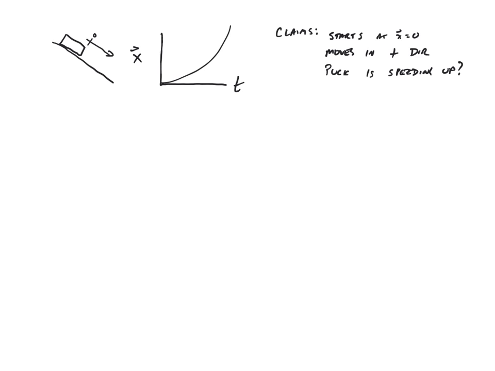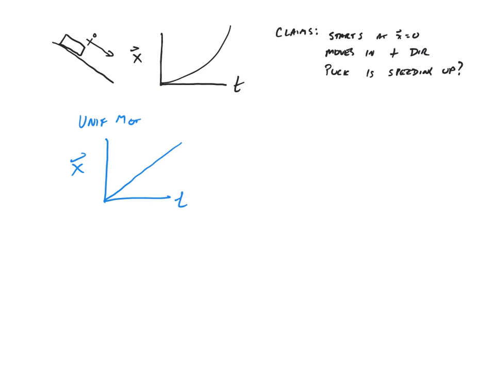Well, back in our previous unit, when we talked about uniform motion, we looked at a graph of position versus time, and that graph looked like something like that, where the graph would be linear.